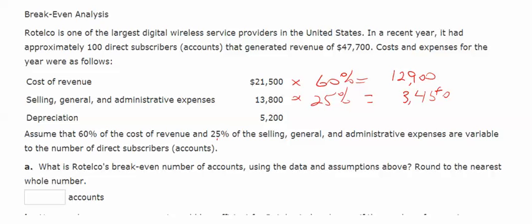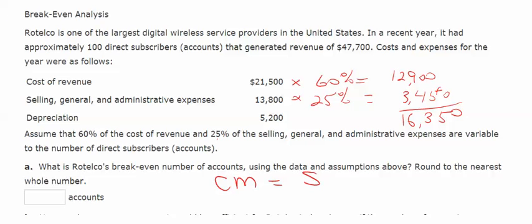Okay, so there's my variable costs. I can add those together to come up with my total variable costs. Looks like $16,350.